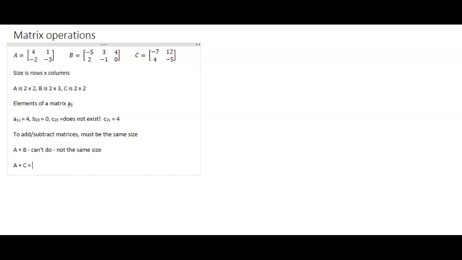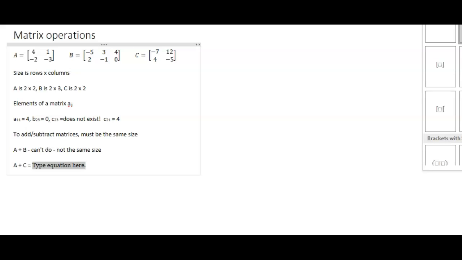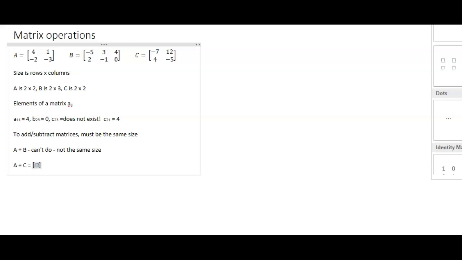I know I'm going to need a 2 by 2 matrix here. I'm going to set that up because the result is the same size as the components. Here we go. a11 is 4. c11 is negative 7. 4 plus negative 7, that's negative 3.